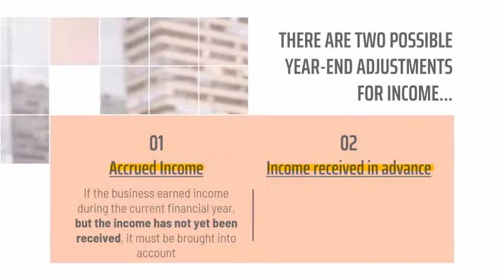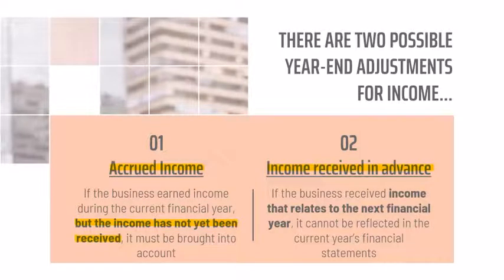So accrued income says that the business earned the income during the current financial year, but the income has not yet been received, and it must still be brought into account, because the service has already taken place in this financial period, so it must be on this year's income statement.